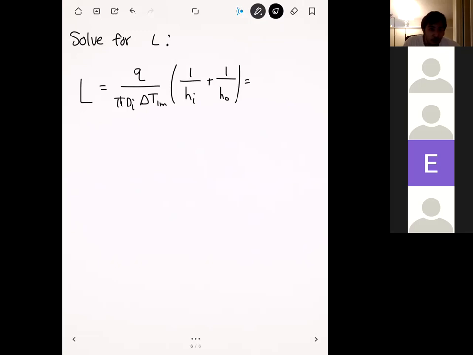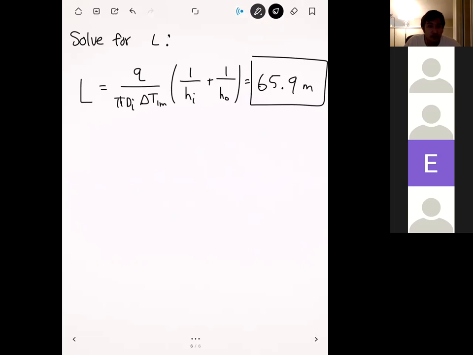We have Q, we have the inner diameter, we just computed delta TLM, and we computed all the convection coefficients as well. And so you plug all that in and we get a length of 65.9 meters. And so it has to be really, really long. 66 meters is not trivial, but you can do it. So that's the length that you would need for this kind of heat exchanger. Okay, so any final questions on this example before we move on?